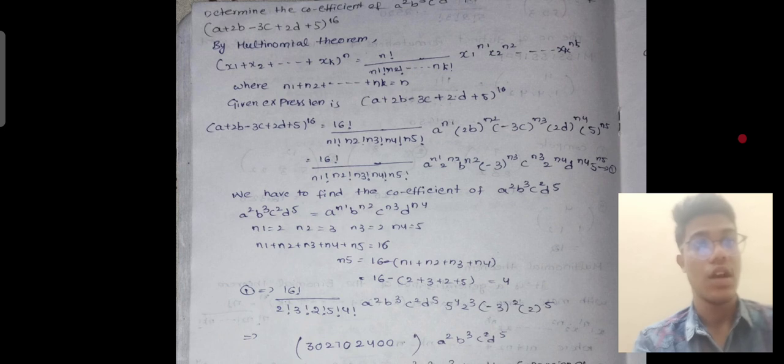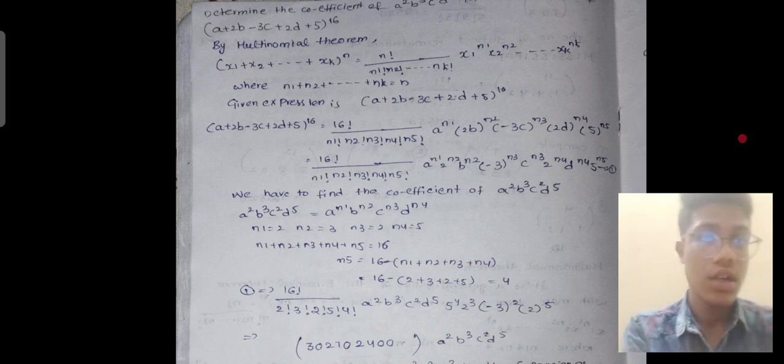We can see here again that n1 + n2 + n3 + n4 + n5 equals 16. But we don't know n5; we know only until n4. So n5 equals 16 minus (n1 + n2 + n3 + n4). Then we substitute the values we got in the places of n1, n2, n3 and n4.